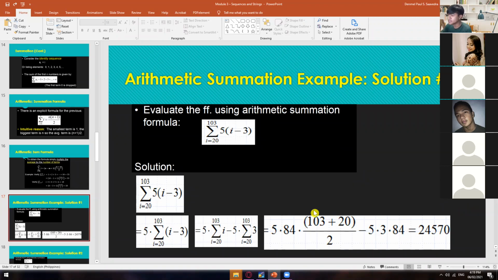And then just do the math. Use your calculator, of course. Then you will get 24,570. So from 20 to 103, using this formula, you will get a total of 24,570. Did you guys get this one so far?